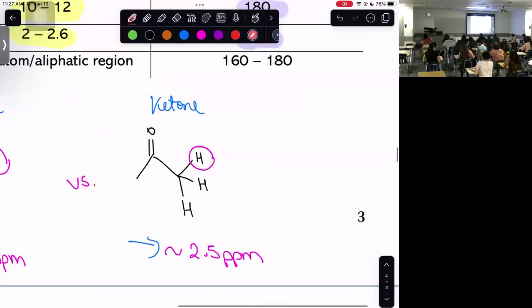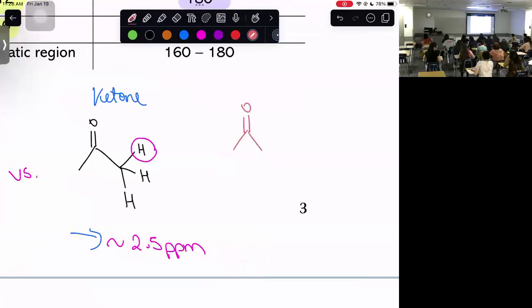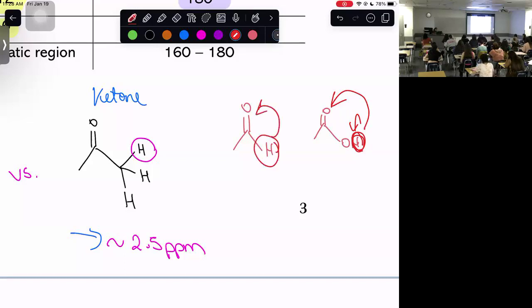Because let's compare our aldehydes versus our carboxylic acids. Okay, so let's go from right to left. Your carboxylic acid, this hydrogen is next to an electronegative atom that is also adjacent to a carbonyl group. So there are a lot of deshielding factors nearby. The aldehyde, this guy is close to the carbonyl, a deshielding factor.